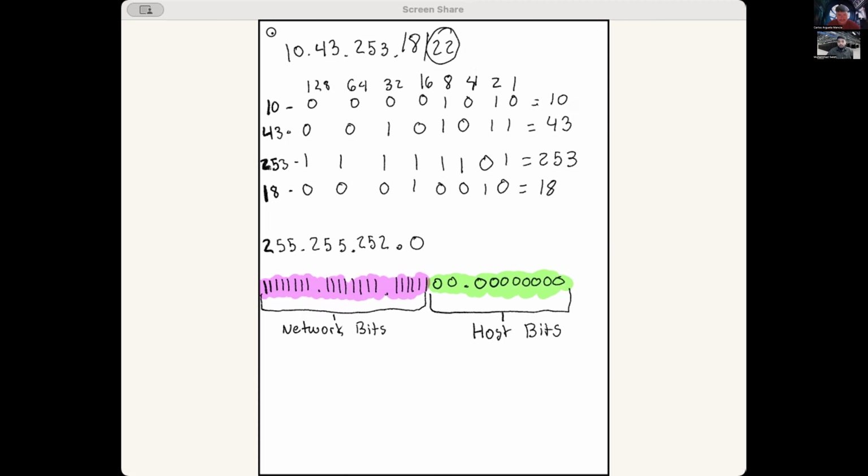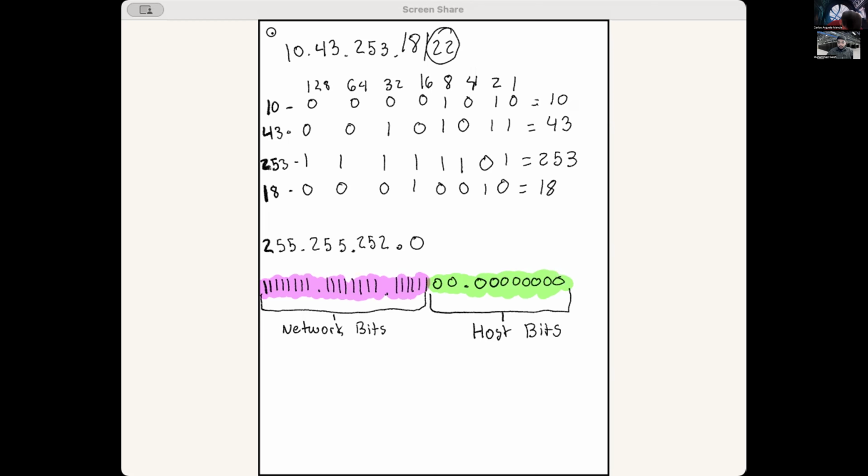When you add or remove a bit, it doubles or halves. Since we have two more bits, it quadruples, so instead of 256 hosts, it's going to be a total of 1,024.